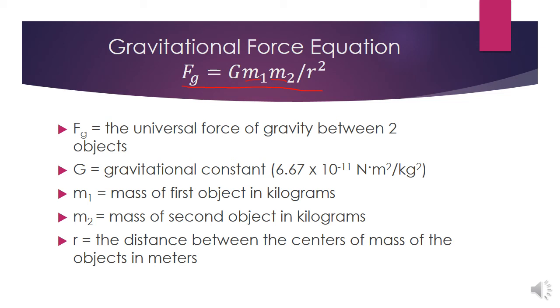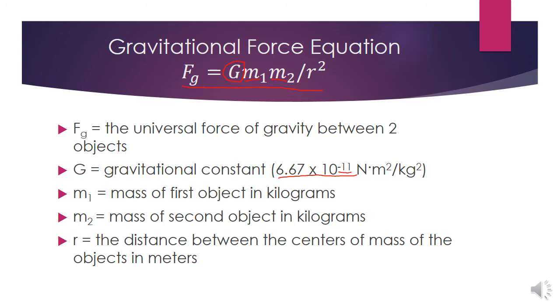Gravitational constant, this big capital G here, that is not something you are going to be given in the word problem. That is a constant that is going to be the same every time you use that equation. This constant is given to you on the equation sheet. The constant is 6.67 times 10 to the negative 11th. Remember, negative 11th, that means it's a very, very small number.